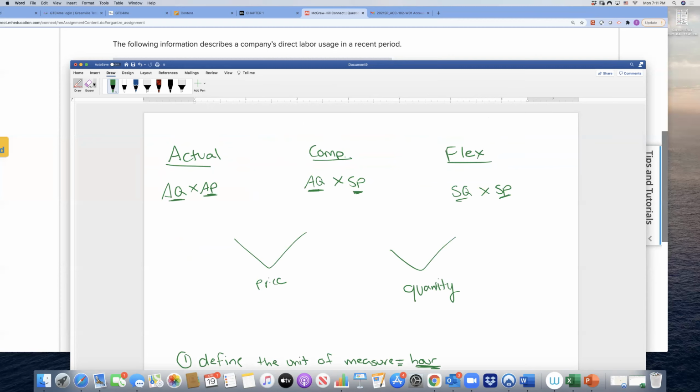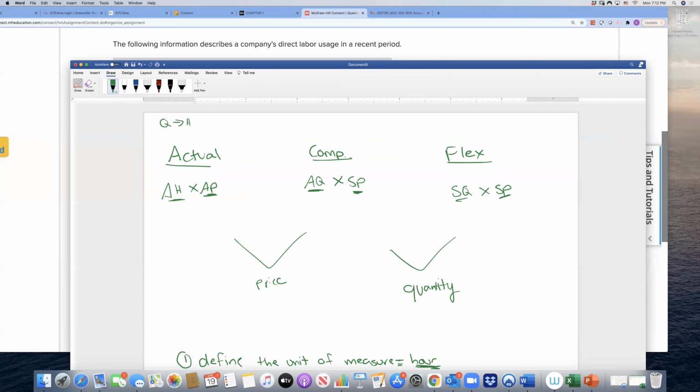So look, I'm going to change my color here. I'm going to erase that Q. We don't talk about what quantity did you work this week. We say, hey, how many hours did you work? So Q, quantity, is now going to be referred to as H for the hour.